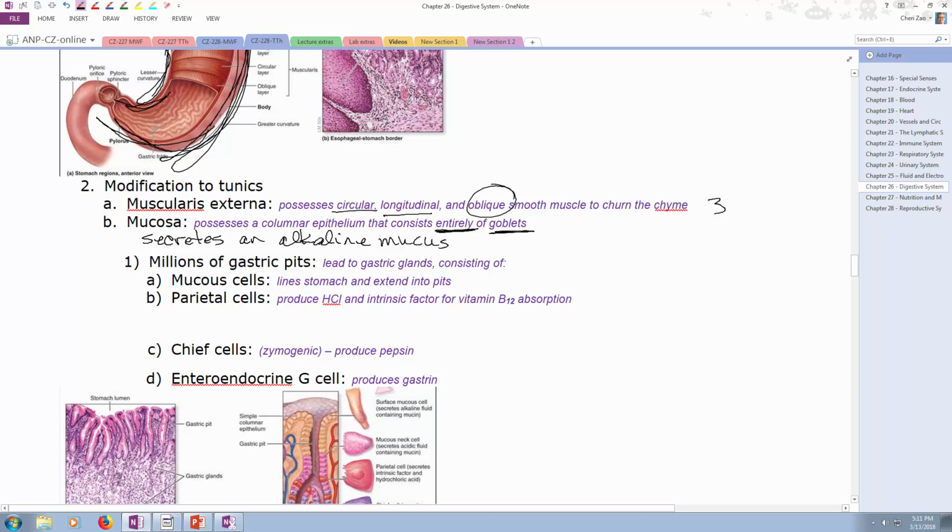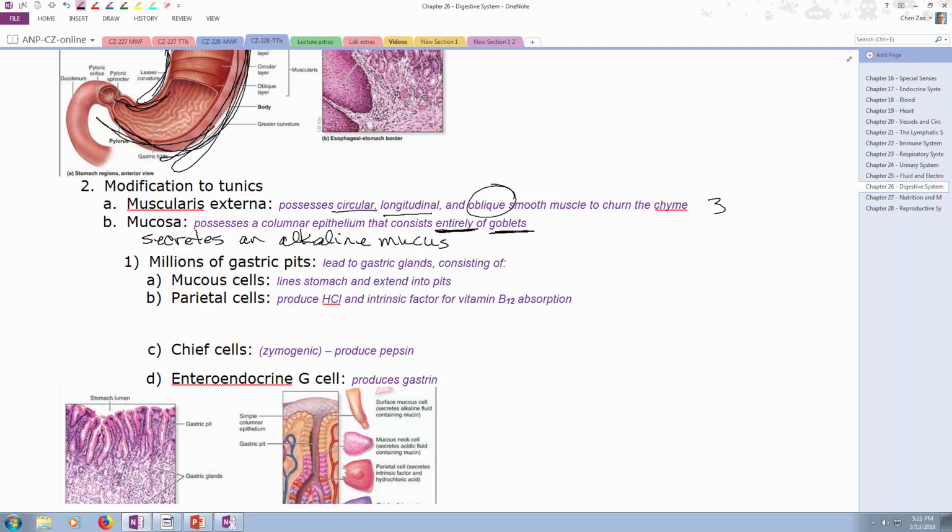And why is that alkaline mucus so important? Because the stomach secretes acid into its lumen. If you're putting a bunch of acid into your lumen, you don't want it to eat away at your lining, so it's not a bad idea to have a mucoid layer that is alkaline to protect the cells underneath this acid that's inside the lumen.